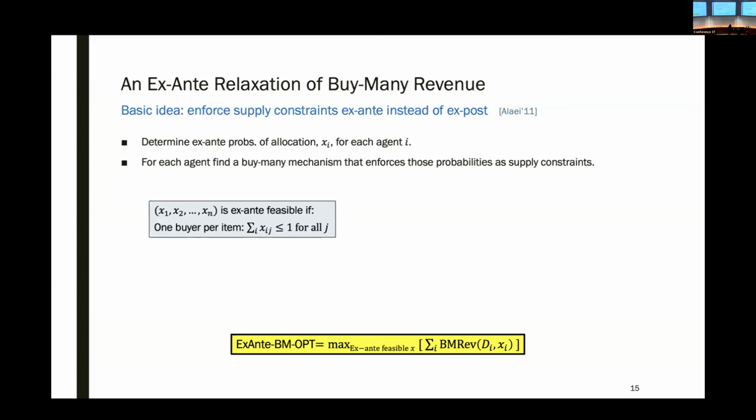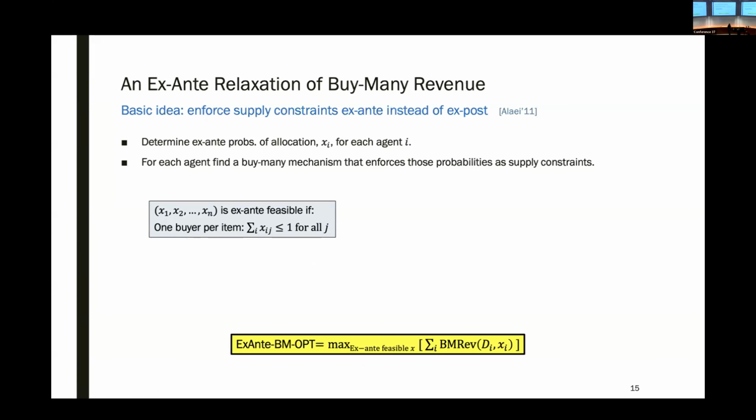Okay, so let me be more precise. We're going to use x_ij to denote the probability with which a mechanism allocates item j to buyer i. And of course, these probabilities are over all the instantiations of the value functions.